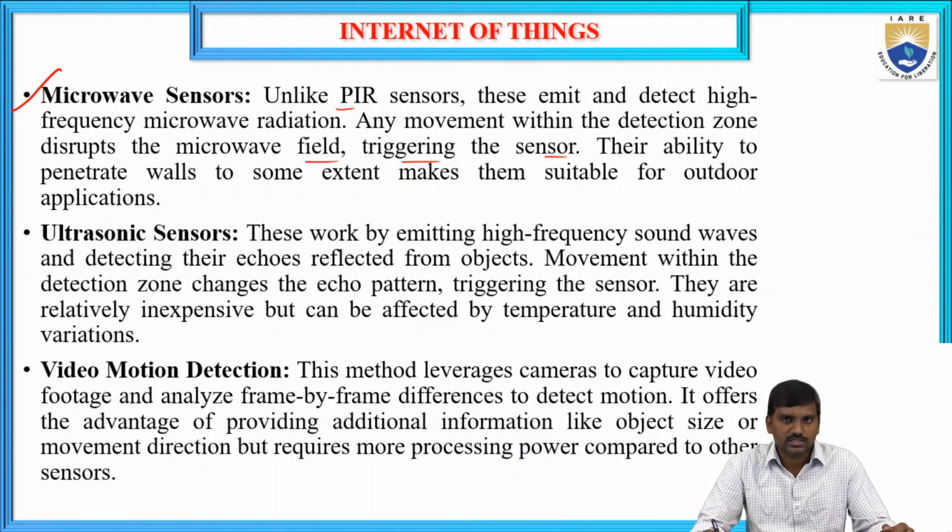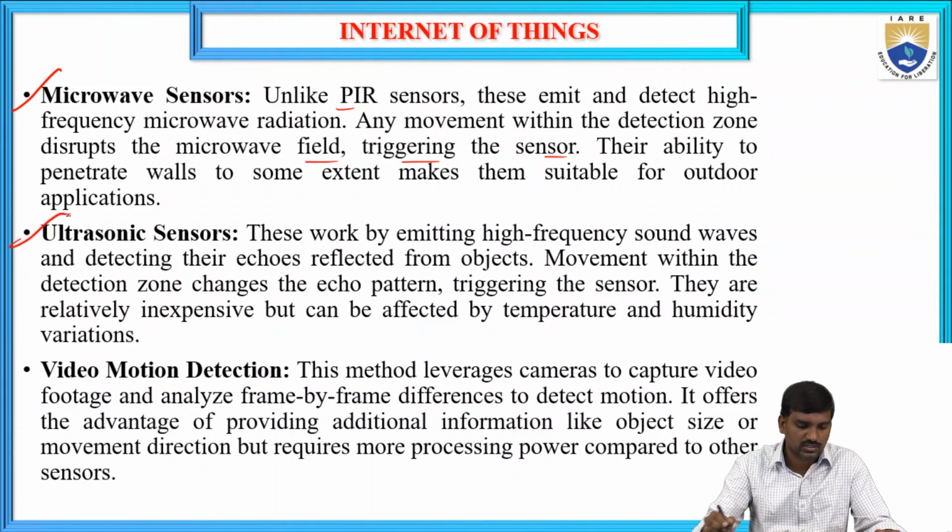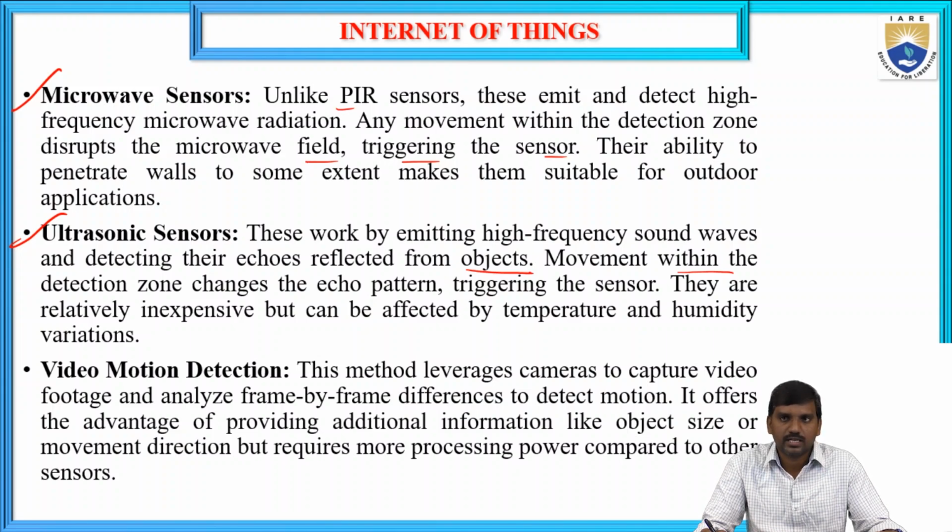And ultrasonic sensors work by emitting high frequency sound waves and detecting their echoes reflected from the object. Movement within the detection zone changes the echo pattern, triggering the sensors. They are relatively inexpensive but can be affected by temperature and humidity variations. So this is about the ultrasonic sensors.